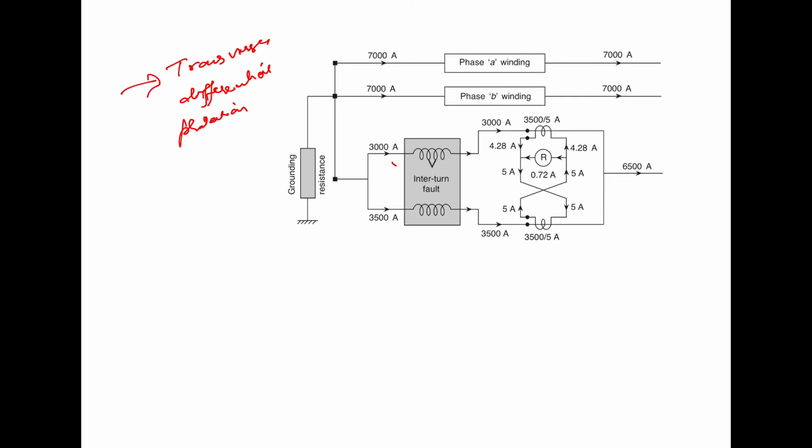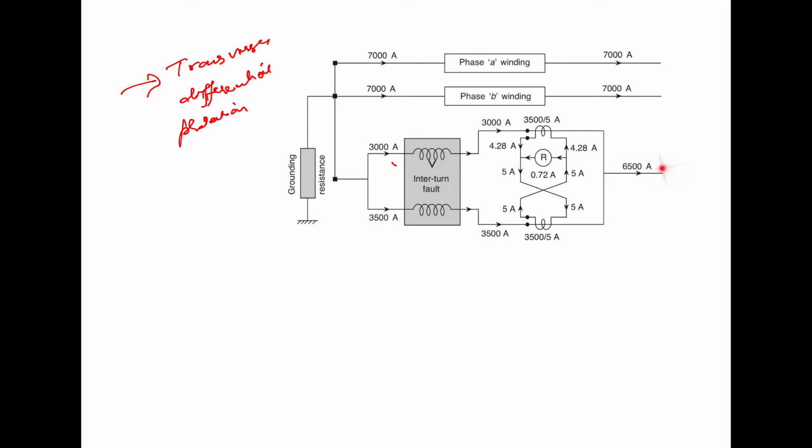Now again I can say that the half of the winding in which there is the inter-turn fault is carrying nearly about 3000 ampere, and the healthy half actually carries the 3500 ampere, and the current entering the phase C winding as a whole is 6500 ampere, which is the same as that which is leaving.